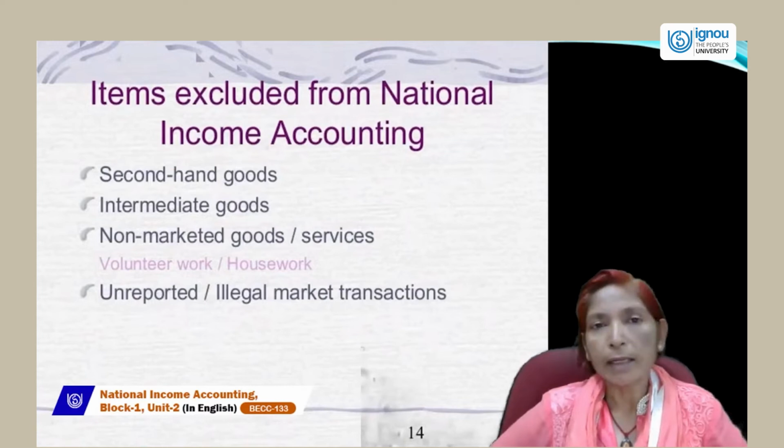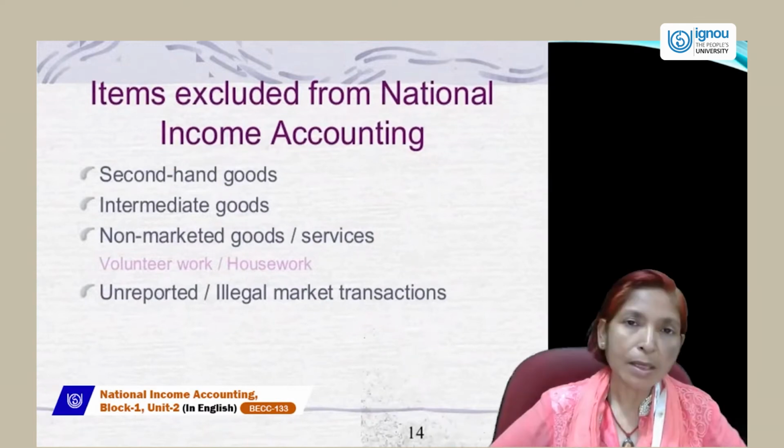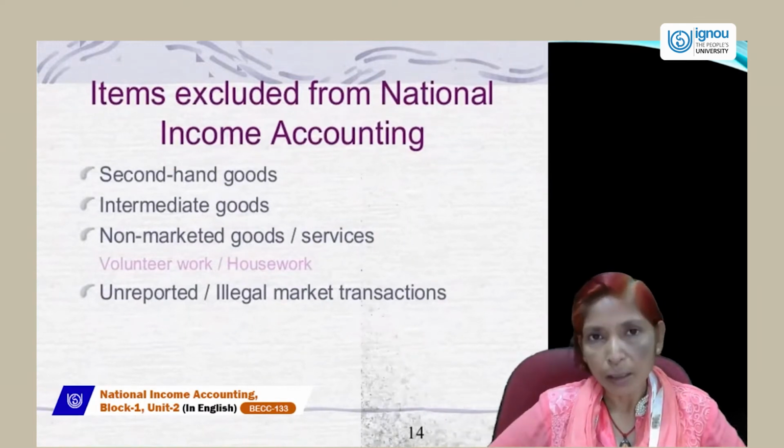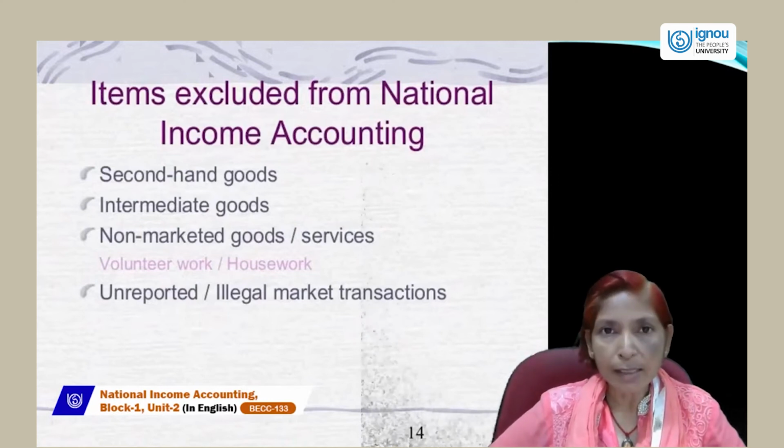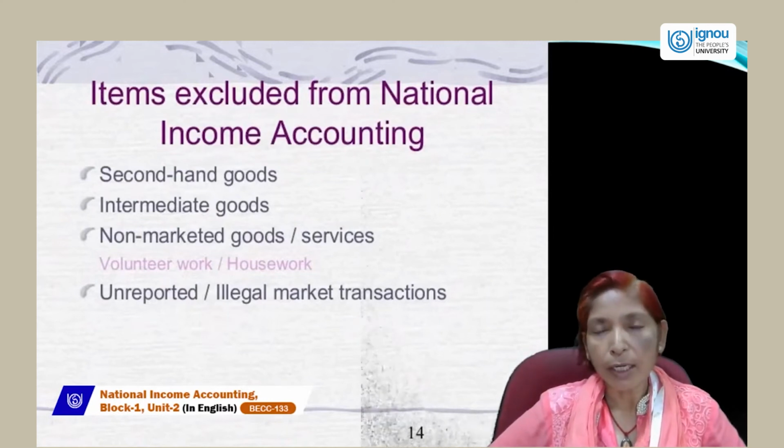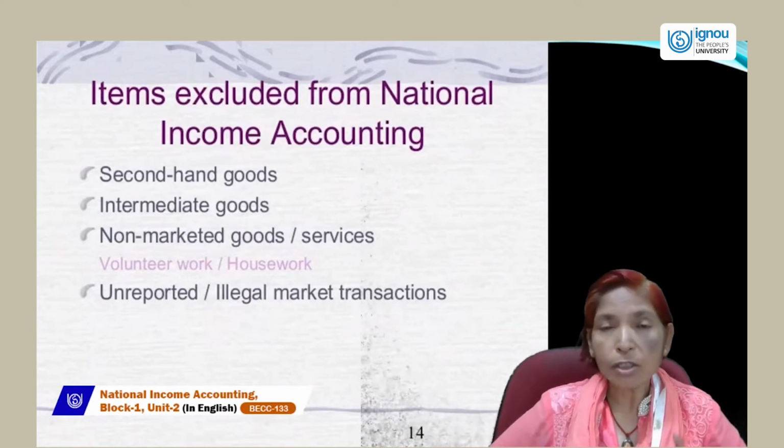Same as shares, bonds, debentures, all financial securities or financial assets, their sale and purchase are not included in the estimation of national income, but the broker's commission is included. Any type of taxes, either direct or indirect, are always unilateral payments, one-sided payments.